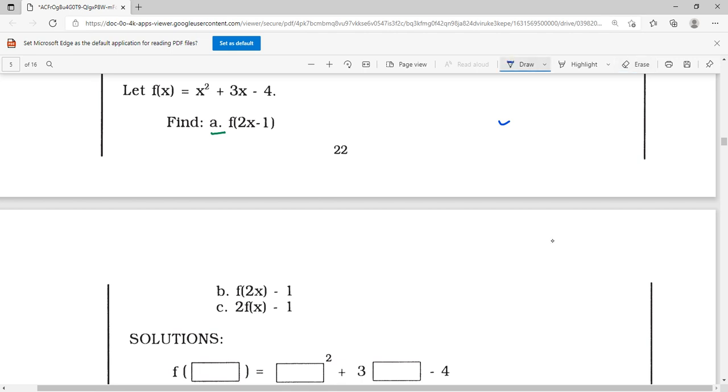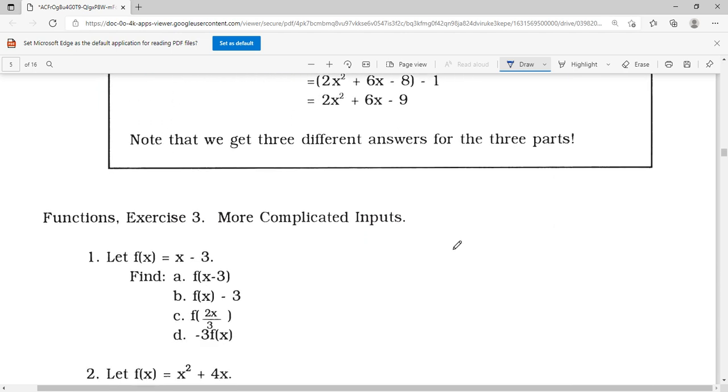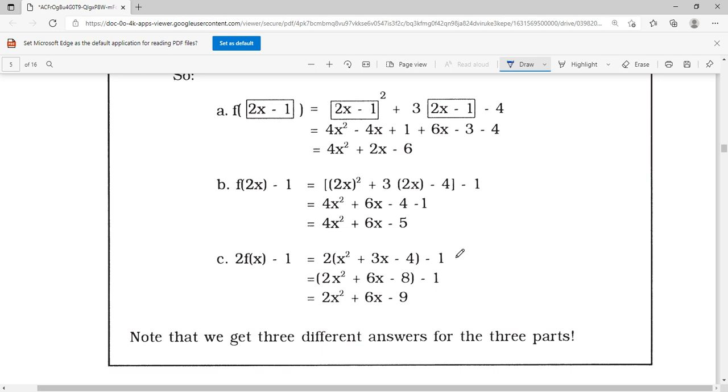All right, so f of x is x squared plus 3x minus 4. We're going to remember that. That's up here. And we have to find f of 2x, minus 1. Whatever's in this box right here has to go where all of our x's are. So first we're going to do that. Then we're going to subtract 1. Okay? I think that it illustrates it pretty well down here on B.